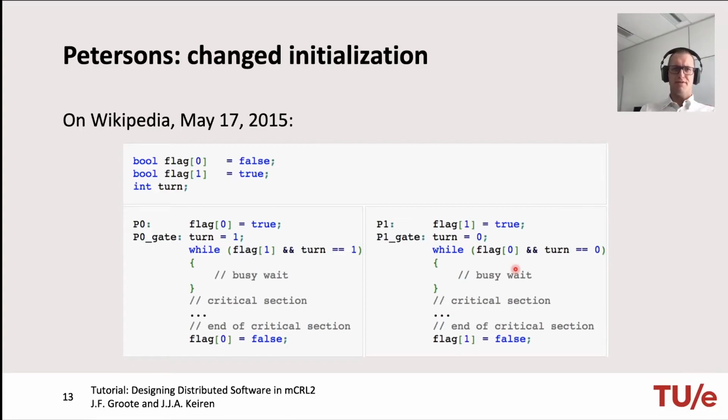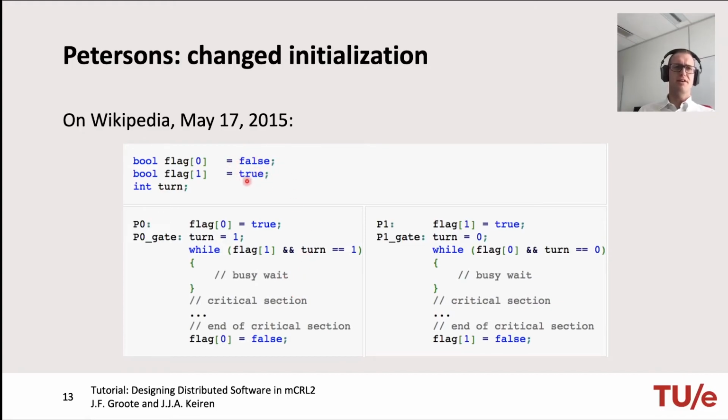Now, to wrap up this tutorial, I would like to share one anecdote, and that is the following. Sometime in 2015, so roughly 6 years ago, Peterson's algorithm on Wikipedia was described just as we described it in the presentation today, but the initialization was changed slightly.